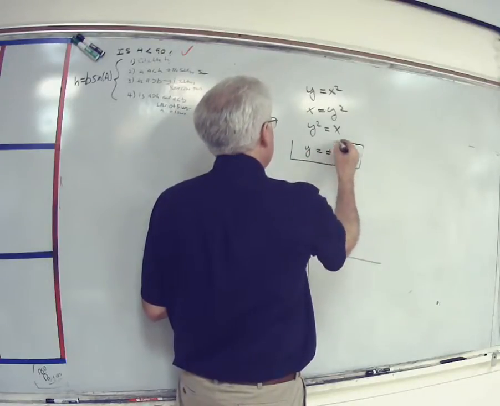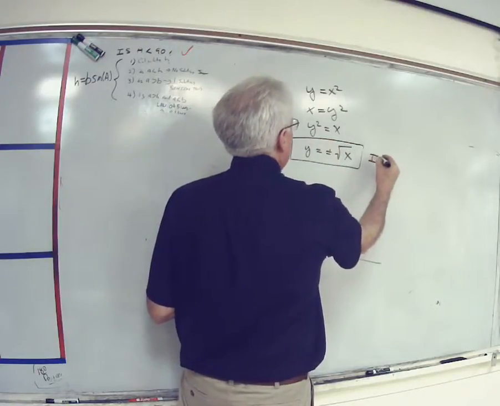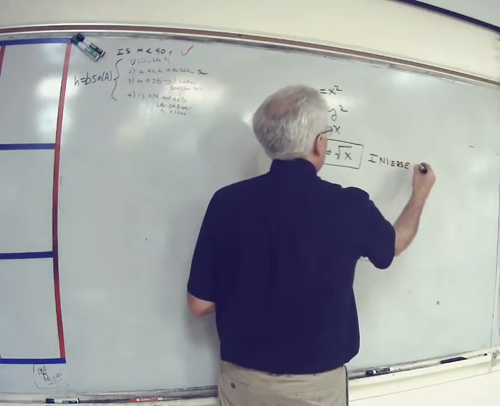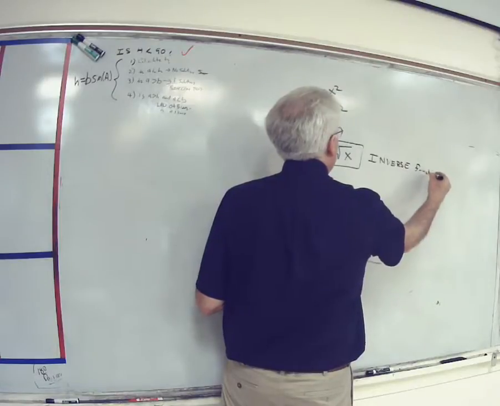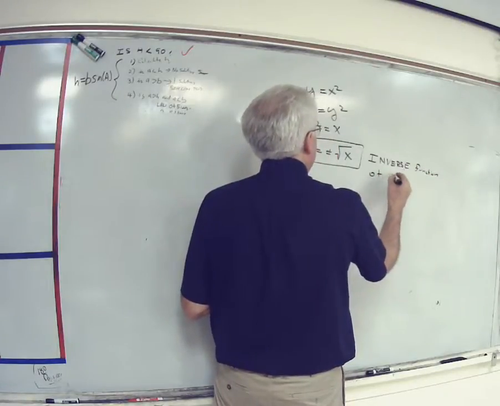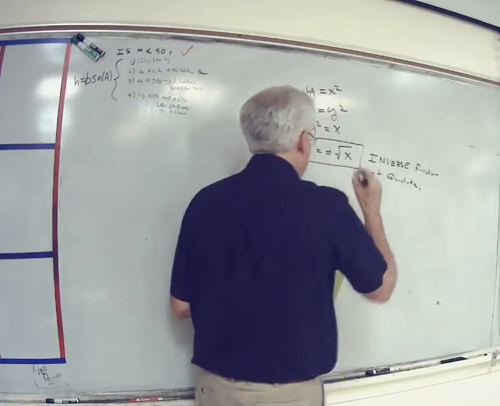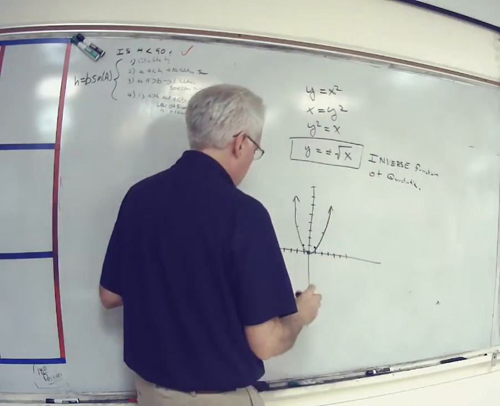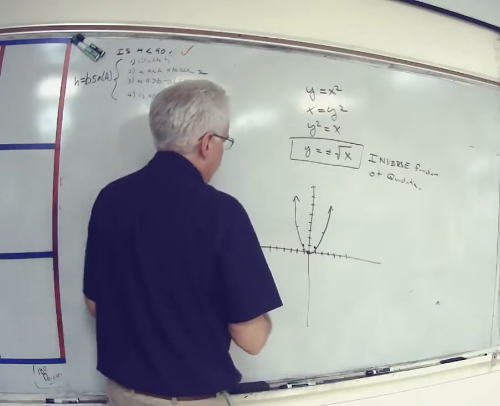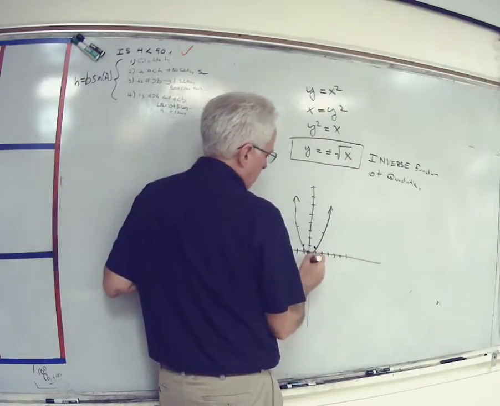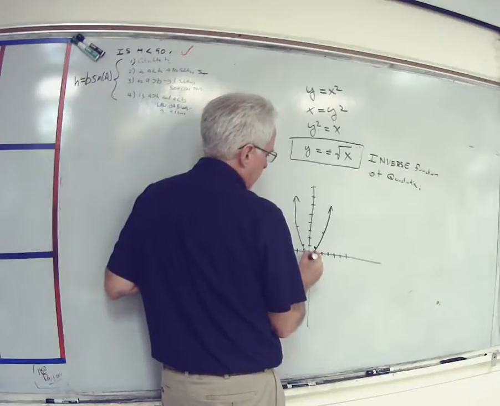So this is the inverse function of the quadratic, and we've got the square root there. Now let's look at this. If x is 0, where is y? 0.